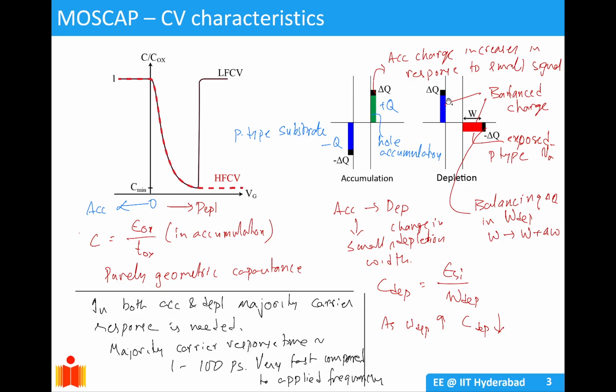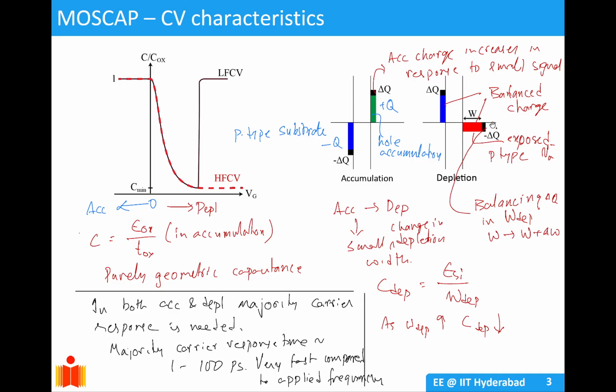Whereas in depletion mode, you have a thin sheet of charges on your metal-oxide interface, and depletion charges in the depletion region at your semiconductor-oxide interface.